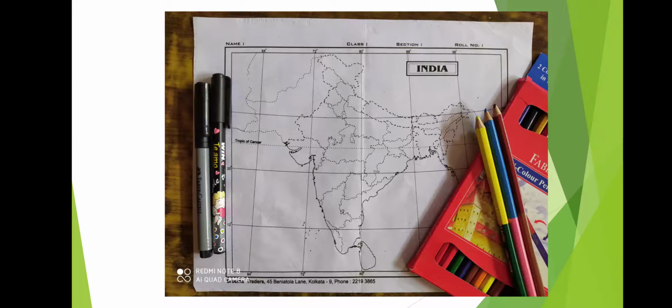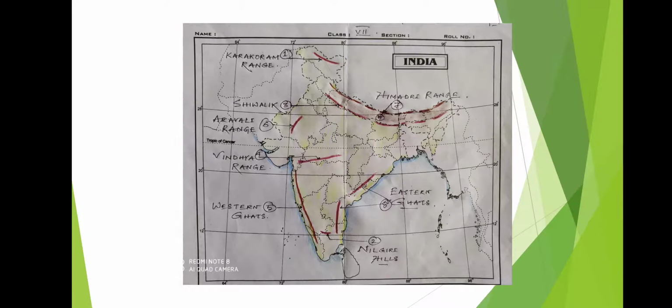Try to use color pencils, and avoid using watercolor. You can use a pen or a pencil for writing on the map. Now this is the solved map for the 8 questions I have given. Let's see one by one how I have done it, and in this way you will do it.